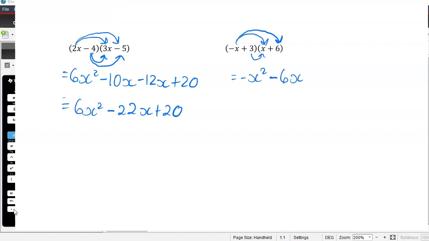So 3 times x is 3x, and 3 times 6 is 18. So that's negative x squared, negative 6x plus 3x is negative 3x, plus 18.